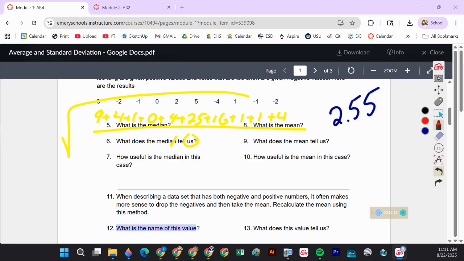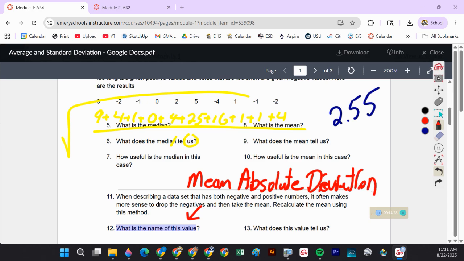So this one is the mean, I'm sorry guys, absolute deviation. And don't worry about it. It's not a big deal because we're not going to use it. In fact, every year I have to look up its name because nobody uses it. So the answer to 12 is the mean absolute deviation. And we got 2.1, right?